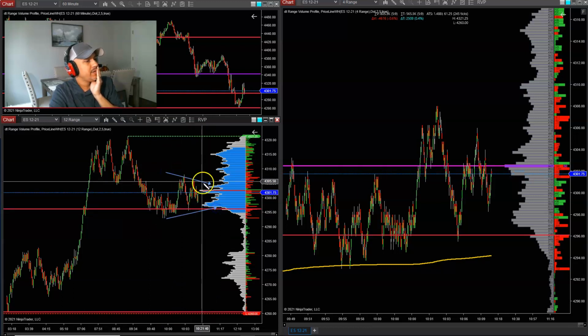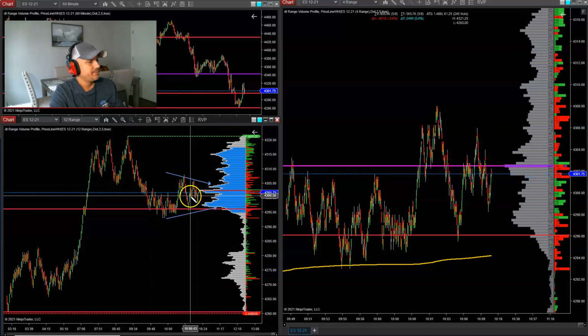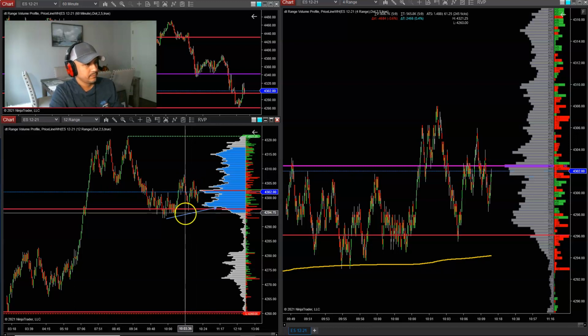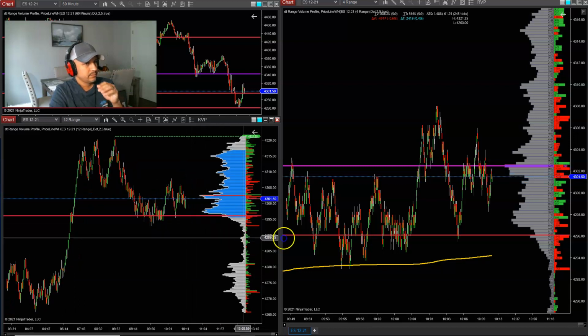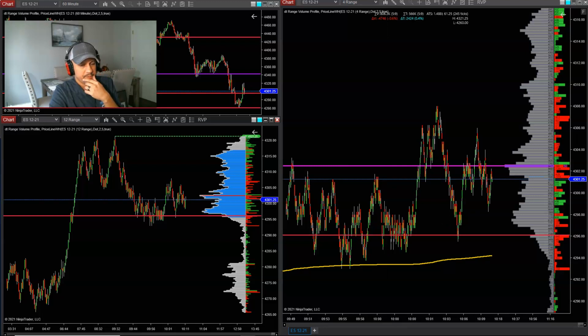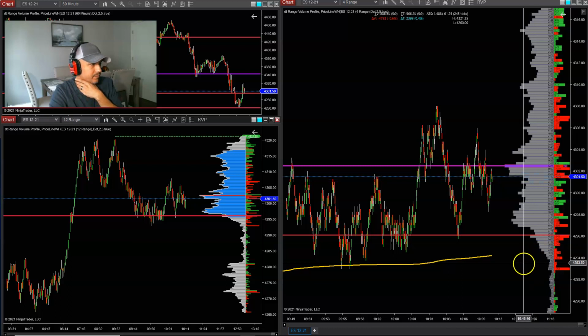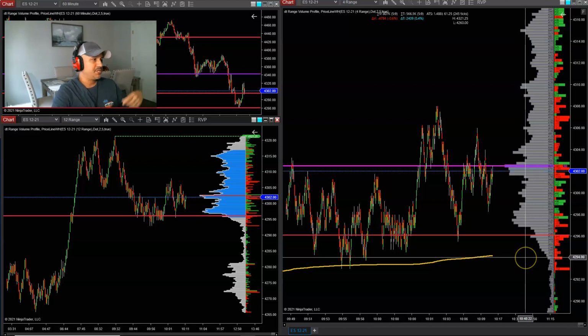We are wedging right here. See it building volume in this area. So I mentioned I'm up 40 ticks right now. Yeah, 40 ticks. So 40 ticks is $500. Okay, I'm being patient.